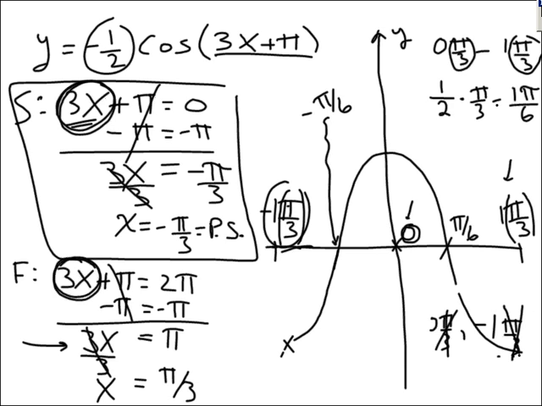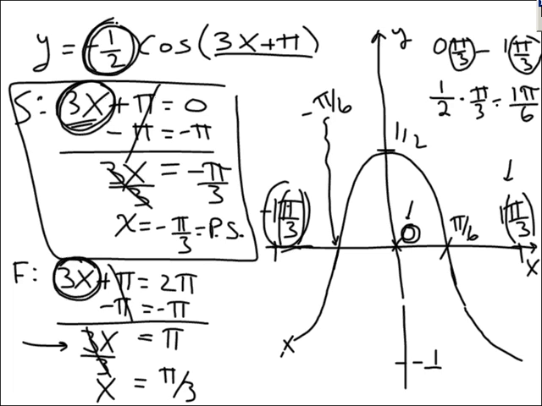The last thing we need to do, or one thing I failed to do, is you should always label your axes. And the highest value is this number without the sign, a half. And the lowest value is negative that number without the sign. It's negative a half. There it is.